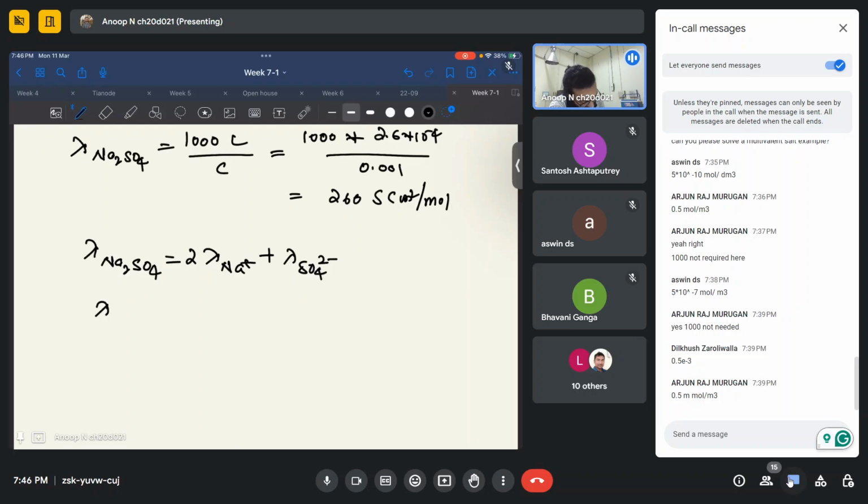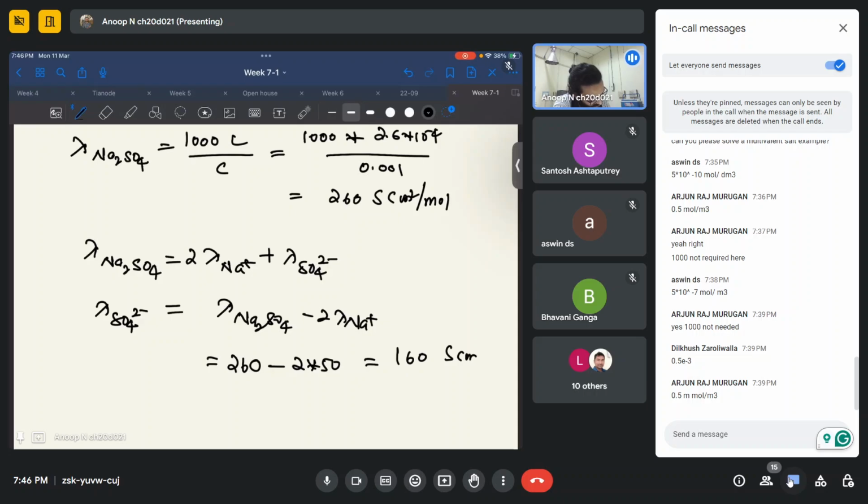So we can write lambda SO4 2 minus is equal to lambda Na2SO4 minus 2 lambda Na plus. Lambda of Na plus is given as 50, so it is equal to 260 minus 2 into 50, which is equal to 160 Siemens centimeter squared per mole.